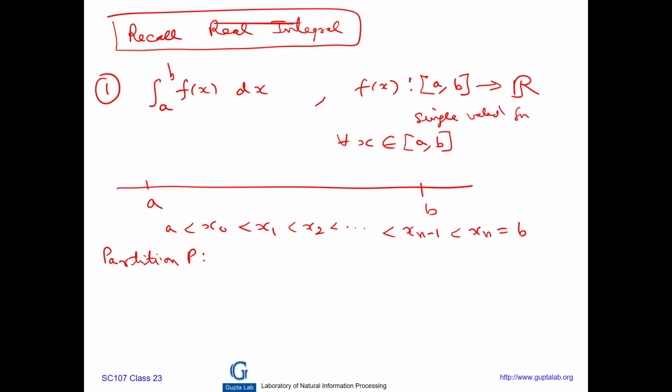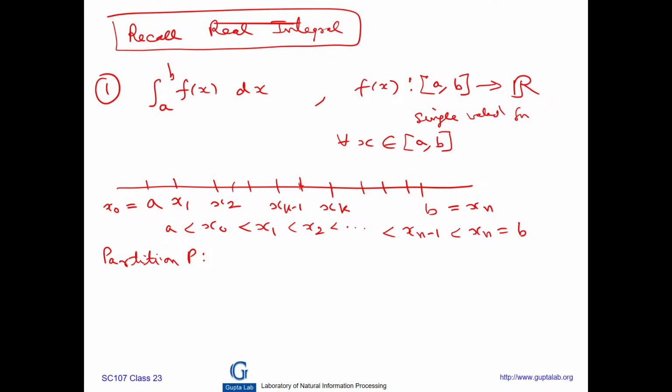Something like this, your x naught and this is your xn. Somewhere here there is x1, x2, somewhere here there is xk minus 1, xk, and so on.